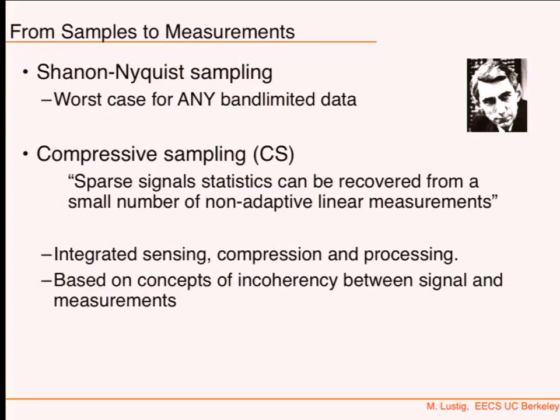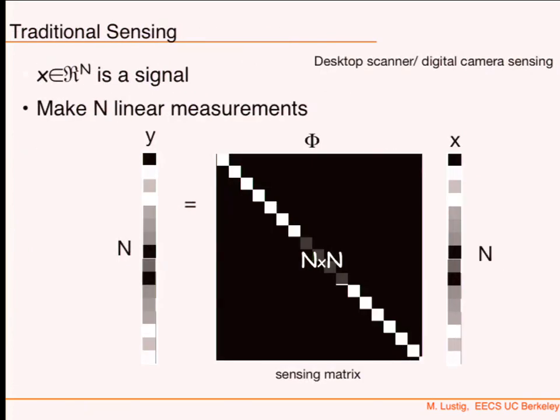Okay? And let's now go through and look at what actually making measurements really means. I'm not going to go from analog to digital conversion. What we're going to look at today is the case where you've got an unknown vector, and you're allowed to make linear measurements of that vector. Everything that we're going to talk about today is going to be in the discrete domain.